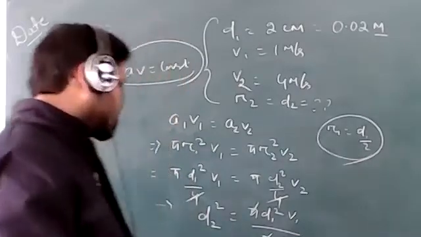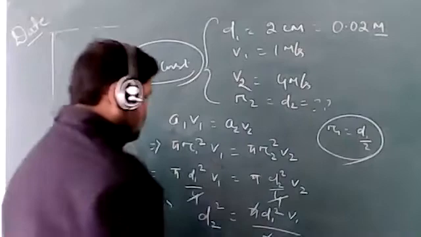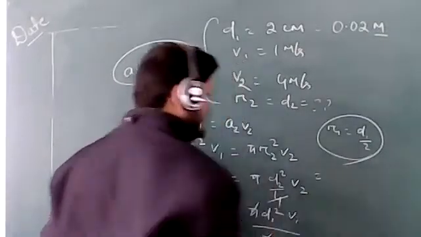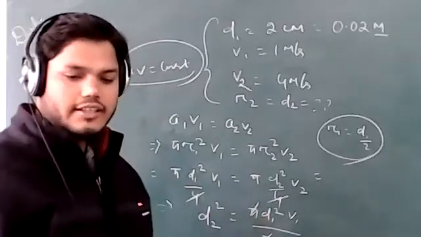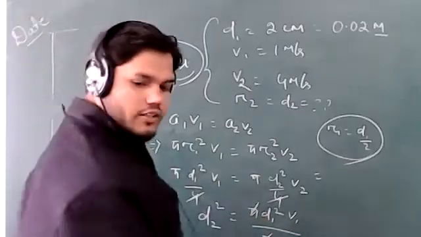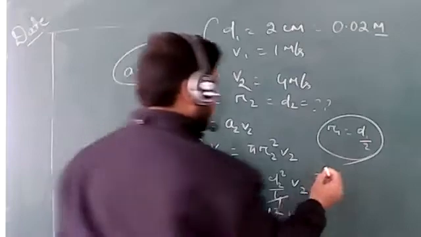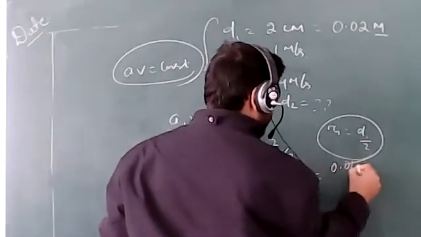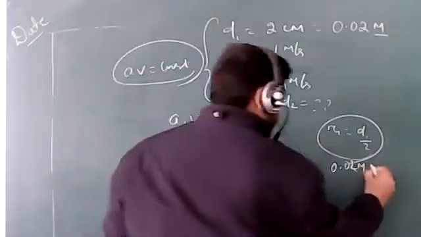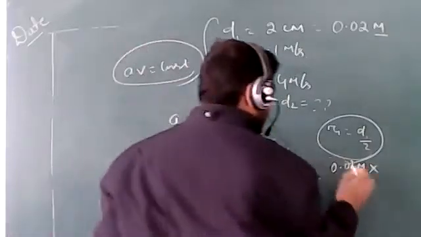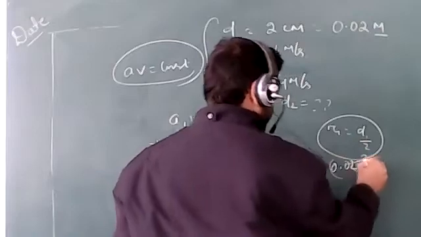Okay, I am solving just to show the procedure. So d1 is given as 2 centimeter or 0.02 meter, into d1 square, so 0.02 square.